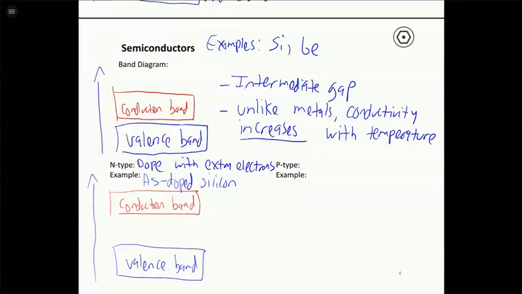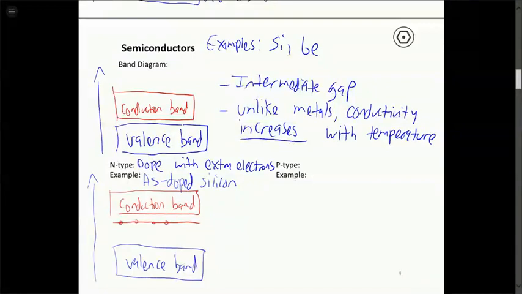So if we fill all of the valence band orbitals in silicon, if we have some extra electrons there from arsenic, we have to put them somewhere else so that those extra electrons are going to occupy orbitals that are either in or very close to the conduction band. So your extra electrons are going to end up very close to the conduction band.